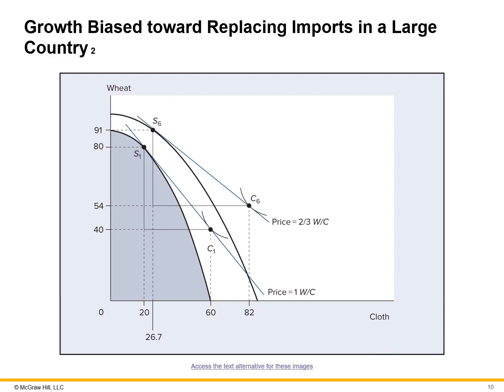And here's just another graphic representation of it, so you can look at it and see. It's again the wheat and cloth example. The decreasing line denotes price. You see that 2/3 over wheat divided by cloth is plotted, which passes through S1, and another decreasing line, 1 wheat over cloth, is plotted, which passes through S6.